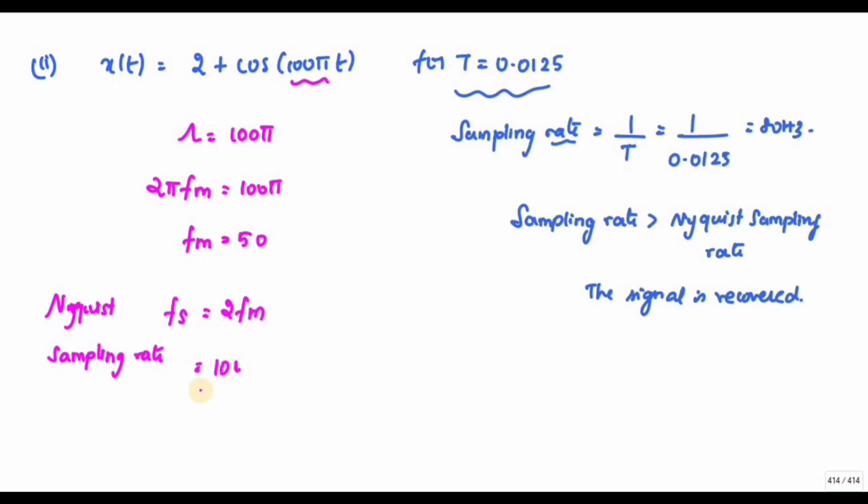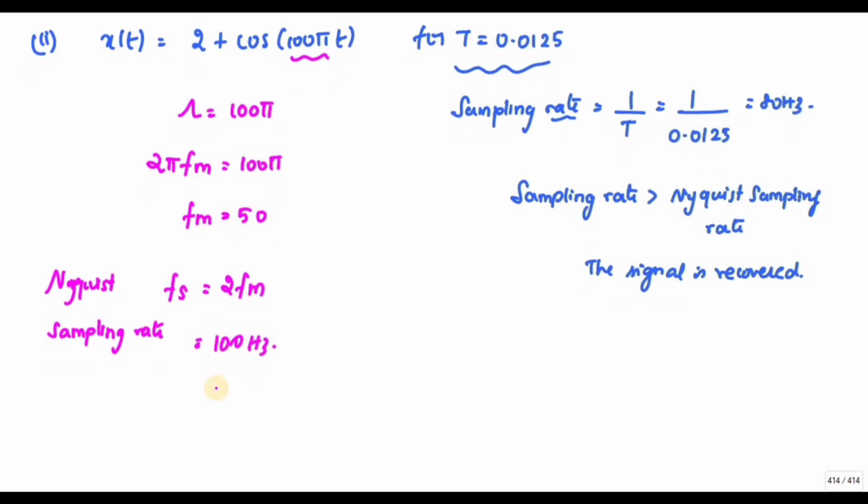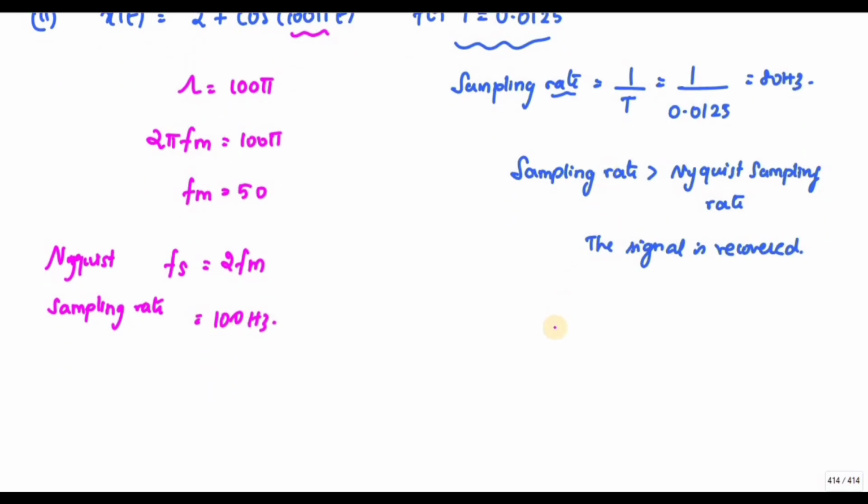So the minimum value is 100 hertz. When I compare this, the sampling rate 80 is less than 100 hertz. So this will lead to alias.